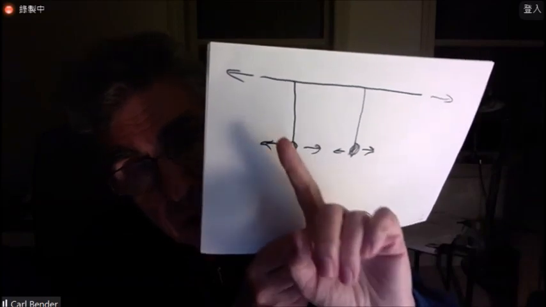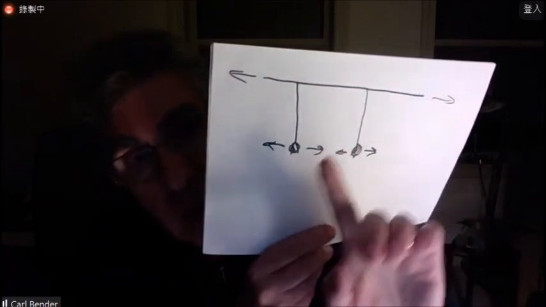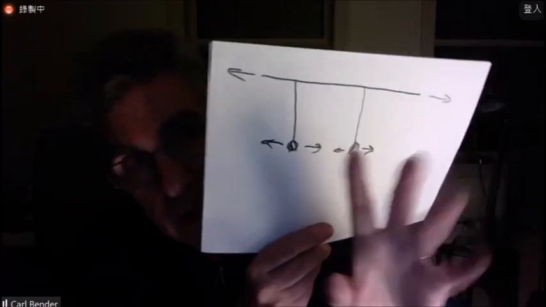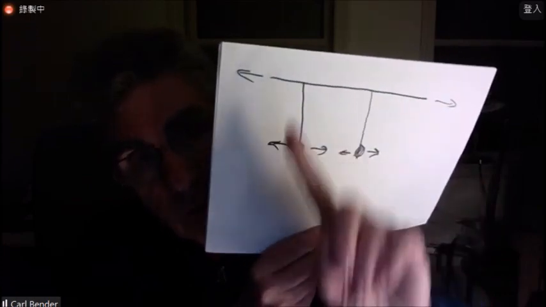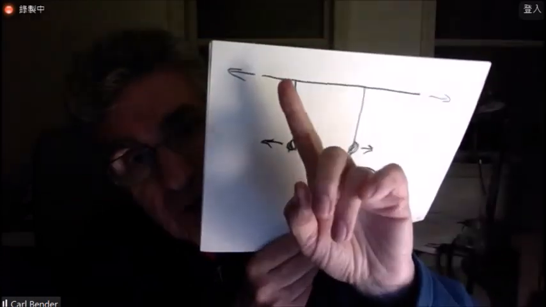Let's say it's swinging in water, or there's friction in the connection to the rope or something, okay? So I have two pendula, and I push this pendulum, but this pendulum has friction, okay?